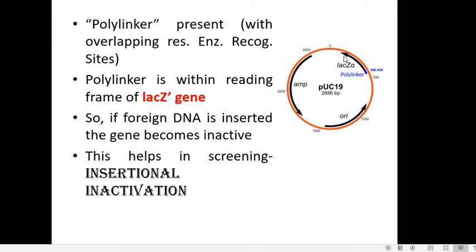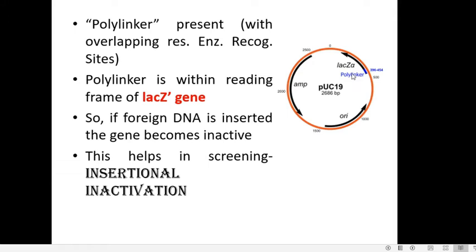So it is within the sequence of this gene that the polylinker is hidden. So the presence of the polylinker inside this LacZ gene doesn't cause any difference in its sequence. That means the polylinker is actually a part of the LacZ gene. So the presence of the polylinker is not affecting the functioning of the LacZ gene.